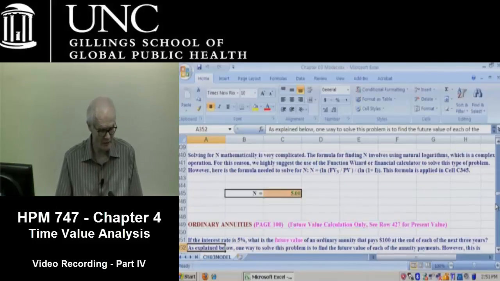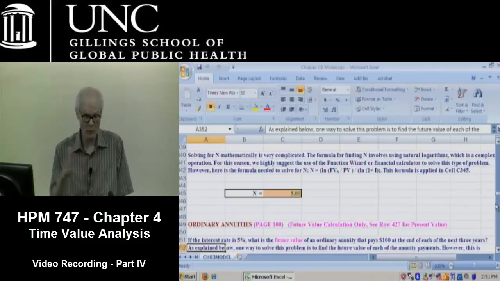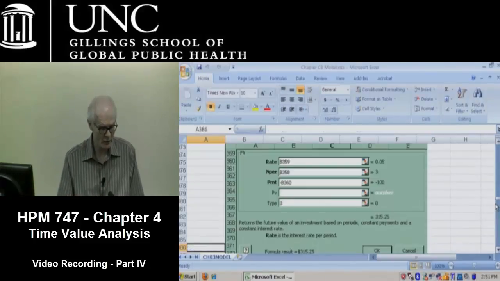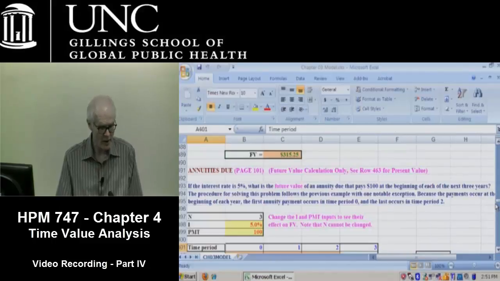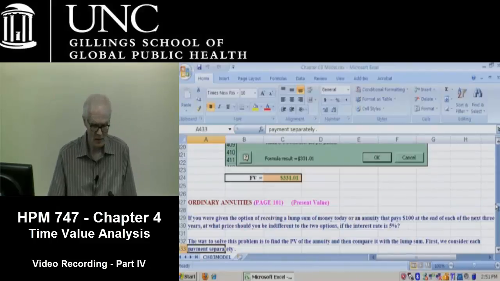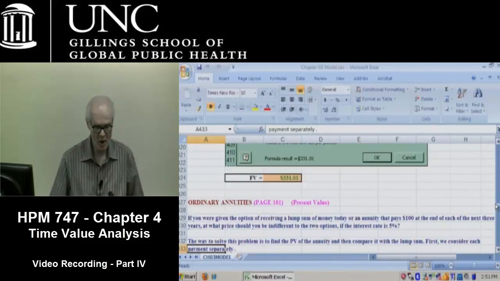In other words, how long will it take you to pay off a loan given the interest rate is this? The ordinary annuities and annuities due as well. So you can wade through the model at your leisure. Everything I've talked about is in there, as well as a lot of other things.